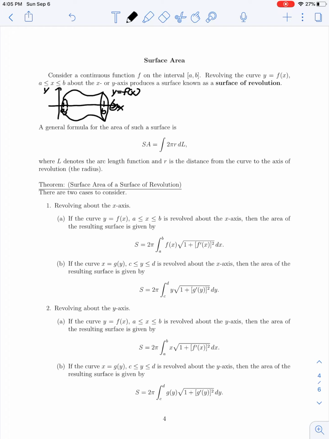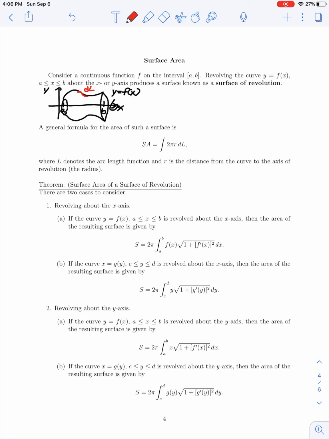So let's think about how we could find this. If we were to take some small segment of our graph of f of x, shown here in red, which has an arc length, let's call it ds, or actually here I'm going to call it dl for a differential of the total arc length of the curve from point A to point B. So if I divide up my curve into these small segments, the length along each of these segments I could call a differential of the total arc length.